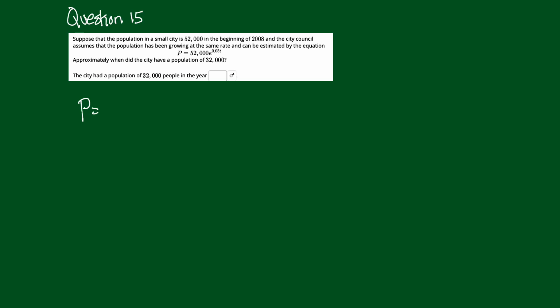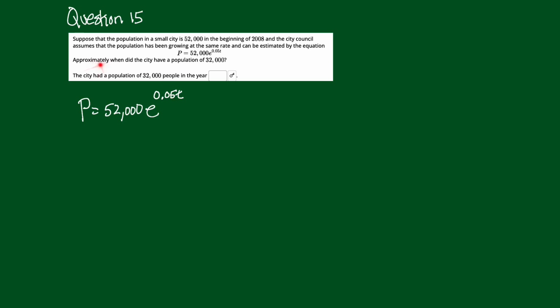The population is 52,000 e to the 0.05t. Now what that means is that back in 2008, that's our start value. That's the multiplier. And then this right up here means a 5% growth rate, right? 0.05 is 5%.